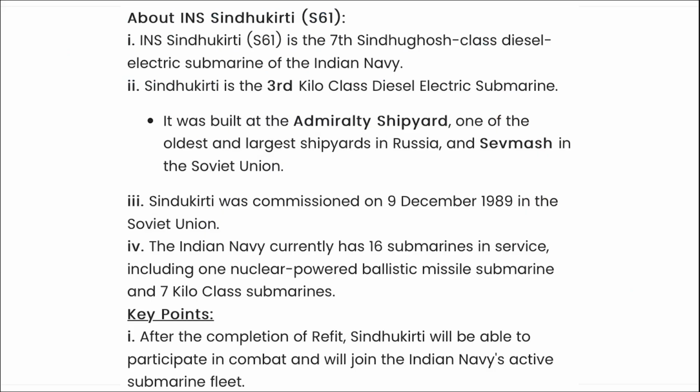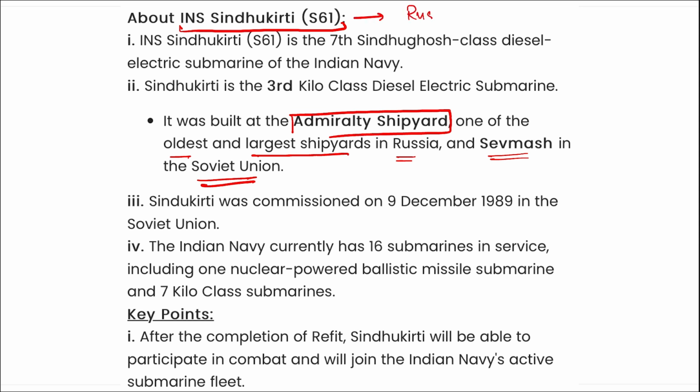This submarine was built at the Admiralty Shipyard, which is one of the oldest and largest shipyards in Russia, in the Soviet Union. So we can say INS Sindhu Kriti was developed in Russia.